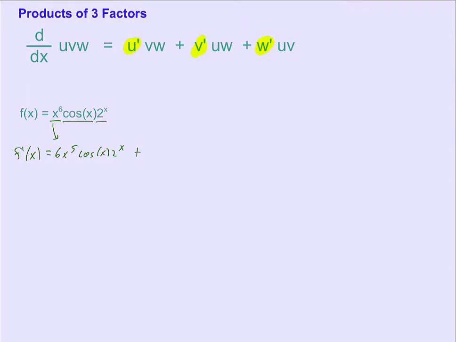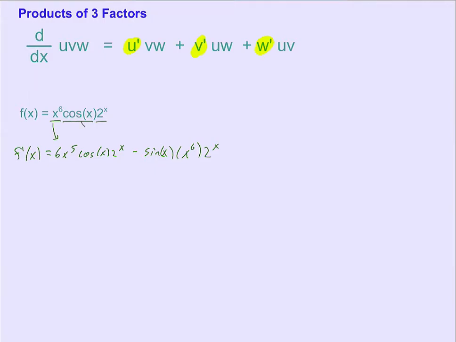And then the second term would have the derivative of the second of those factors, so negative sine of x. I'll just change that plus to a minus sign. And then the other two factors will just be exactly the way they appeared, x to the sixth, 2 to the x.